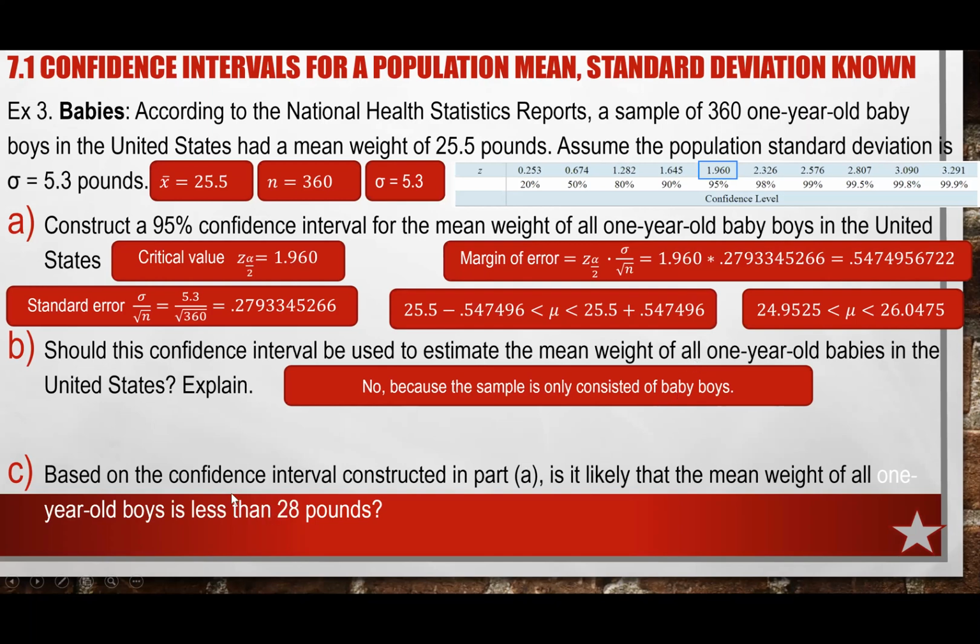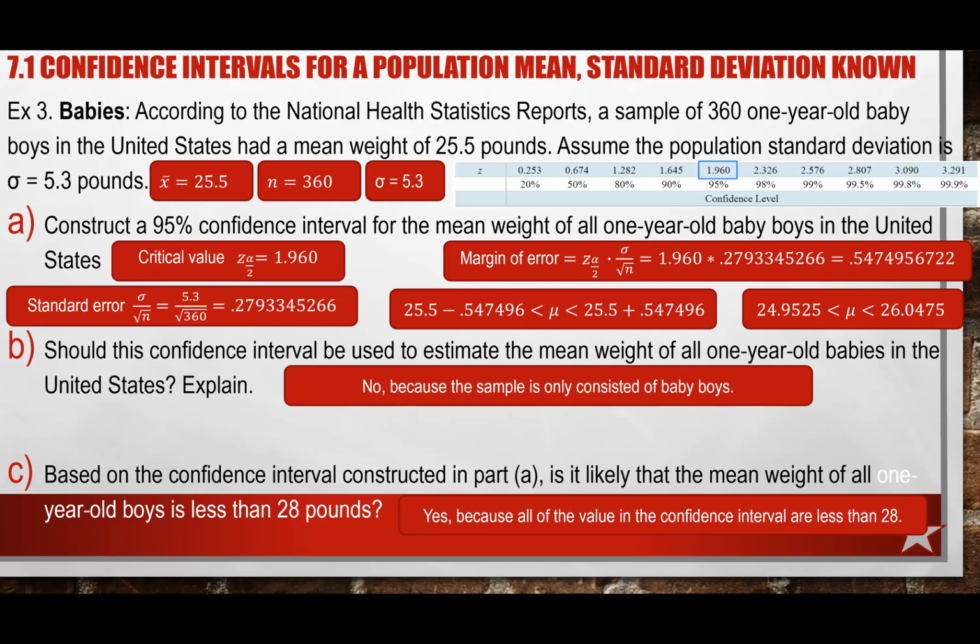And based on the confidence interval constructed in part A, is it likely that the mean weight of all 1 year old boys is less than 28 pounds? We can see that the interval is only between 24 and 26. Clearly, this interval is smaller than 28, so we can say yes, right? We are 95% confident, which is very confident, that it is less than 28.